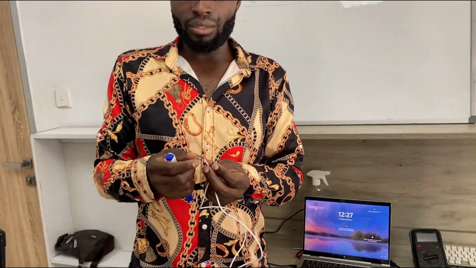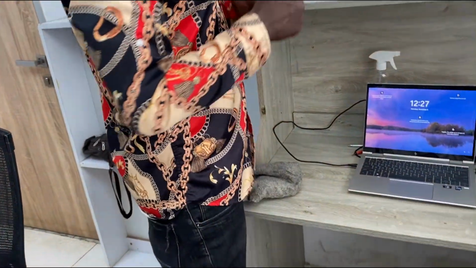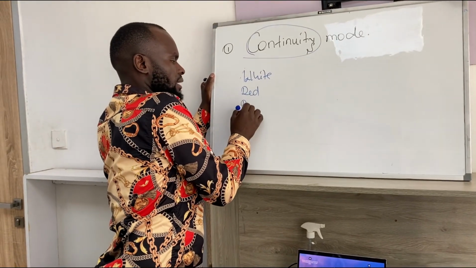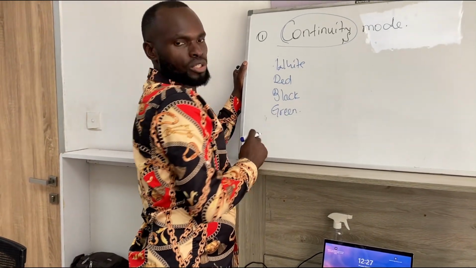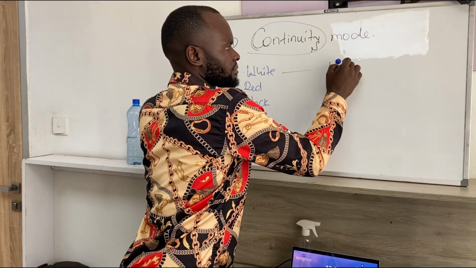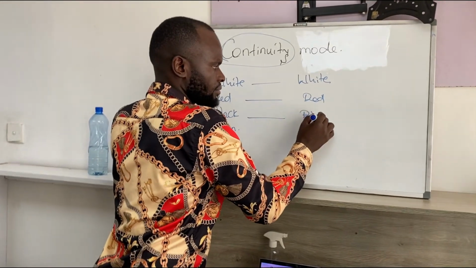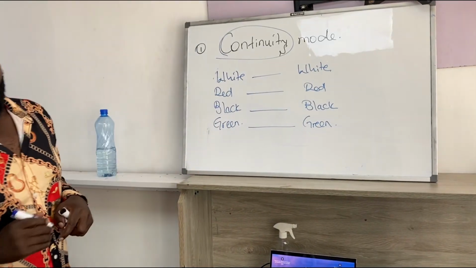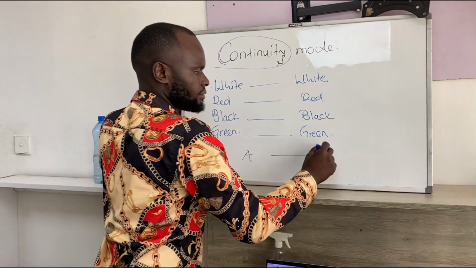With our sample wire, you can identify the different wires by the coloring, okay? You're having the white wire. Take hold of it. You're having the white, the red, the black and green. Of course, white to white will be end to end, red to red, black to black, and green to green.